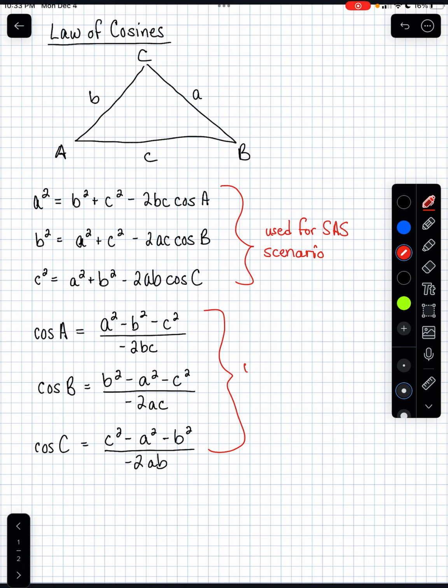So these are used when we have all three sides. So let's try an example of each.